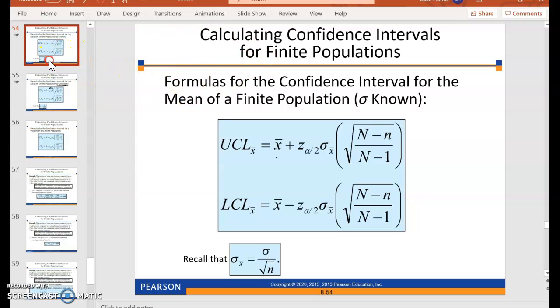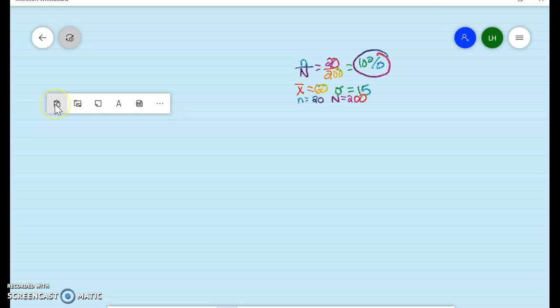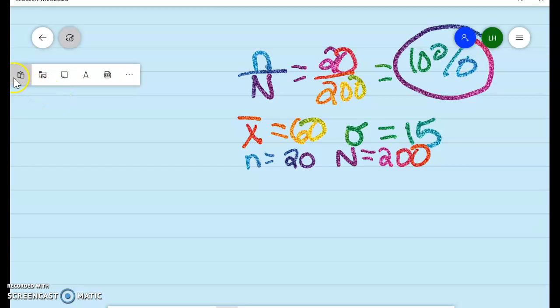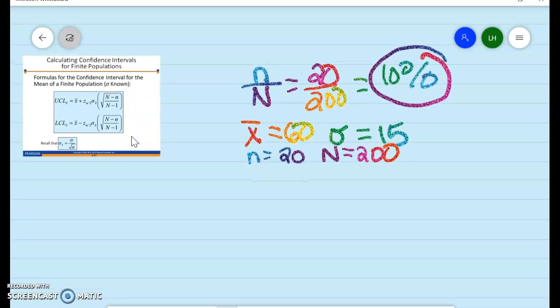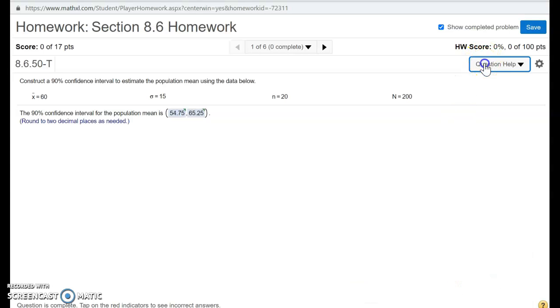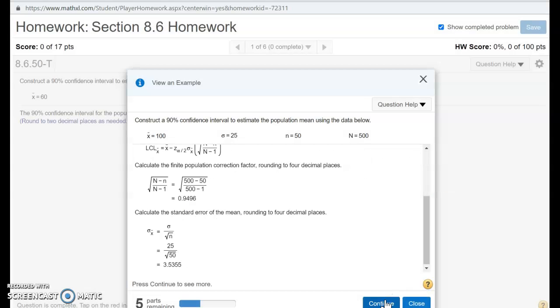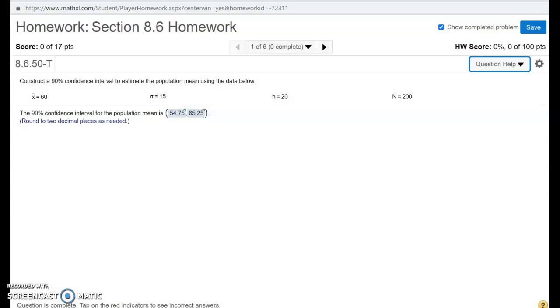So here is the formula you would use since we know the population standard deviation. Let me make that a little bit bigger. All right, so we need our z-score, and we need to calculate the margin of error. For this particular problem, it's a 90% confidence interval, and it looks like we're going to use technology to find our z-score.